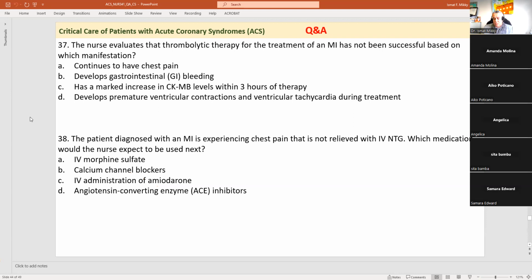The nurse evaluates the thrombolytic therapy for the treatment of an MI has not been successful based on which manifestations? Continues to have chest pain. That means it's not working.